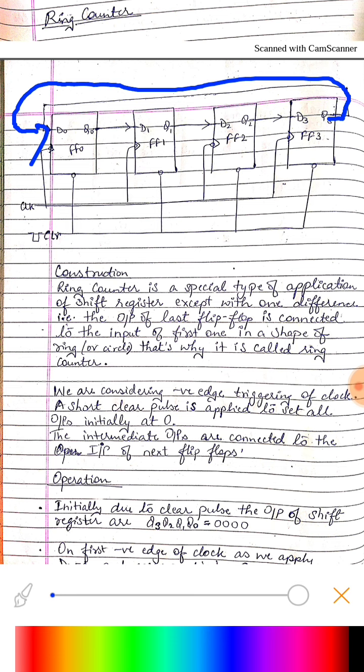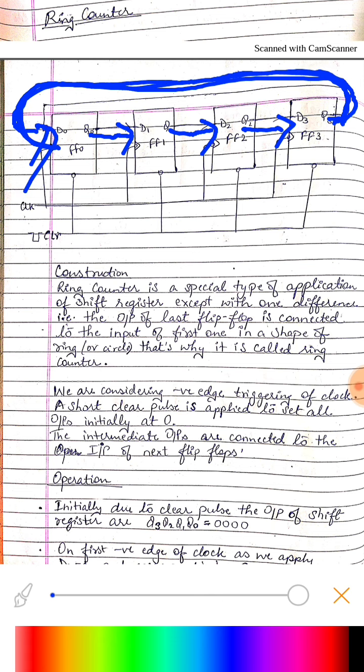That is, we have created a ring over there. The output of the first is fed to the input of the second, the output of the second is fed to the input of the third, the output of the third is fed to the input of the fourth, and the output of the fourth one is feeding once again to the input of the first flip-flop.